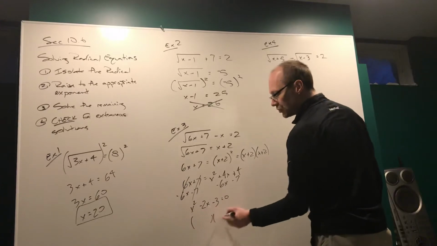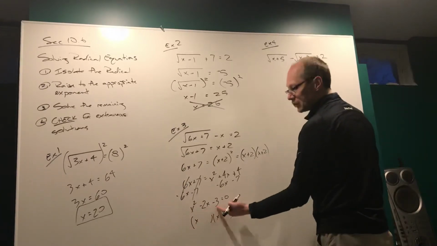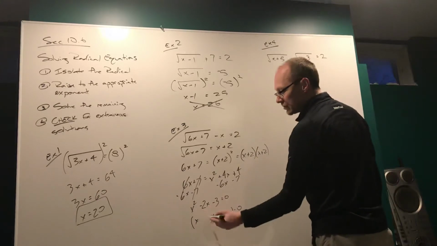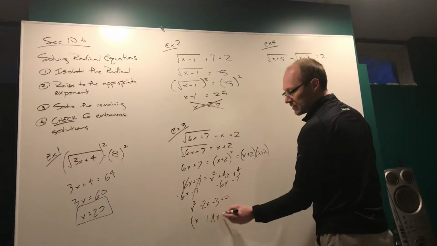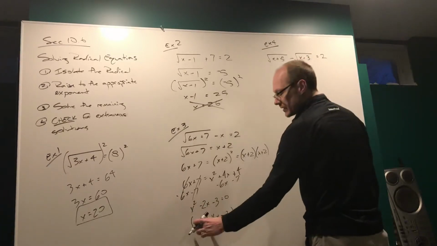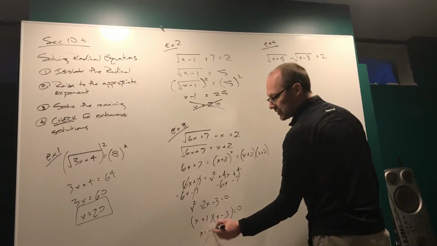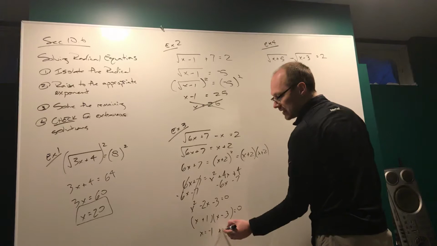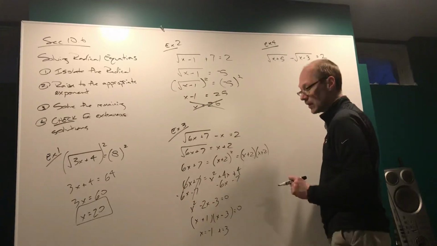Now I'm looking for two numbers that multiply to be negative 3 and add to be negative 2. That's 1 and 3. It's a negative 2, so it needs to be a negative 3 and a positive 1. Setting each of these equal to 0 is going to give me x equals negative 1 and x equals 3. I'm not going to circle those. I'm going to see if they both work.